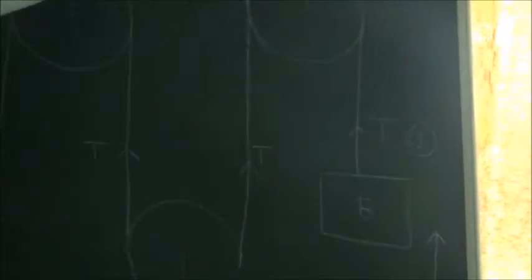Here the coefficient of tension will be 4. Multiply the velocity VA with the coefficient of tension in the strings attached to block A, that is 4, and multiply the velocity of object B, VB, with its coefficient. Here the coefficient of tension is 1, because T into 1 remains T. So multiply VB with 1.